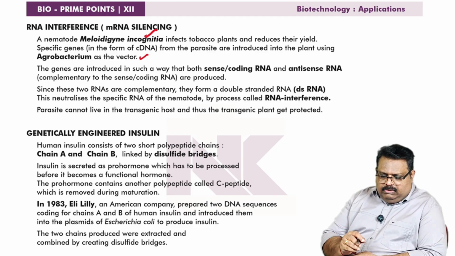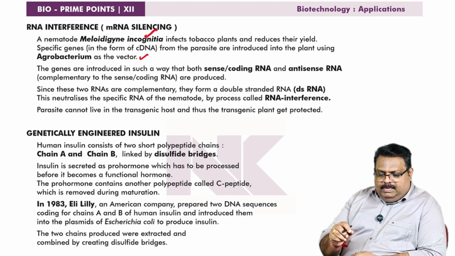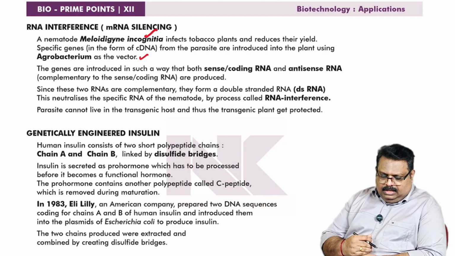The genes are introduced in such a way that both sense strand and anti-sense strand are produced. Sense strand means the strand that is capable of producing the RNA, and anti-sense means the non-coding strand. So these are complementary to each other.